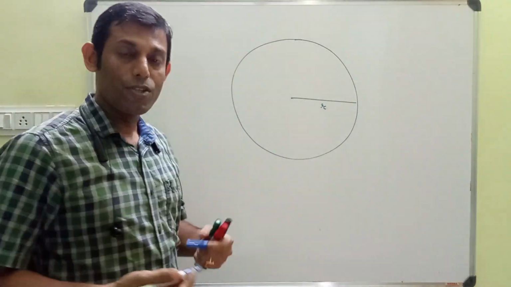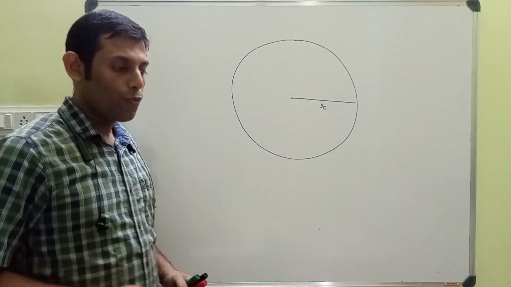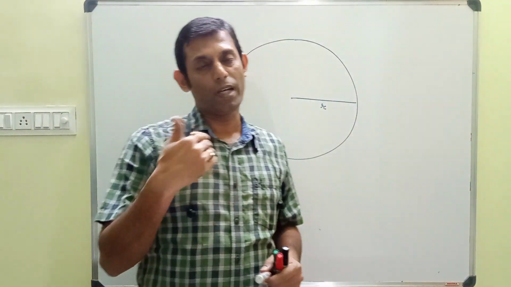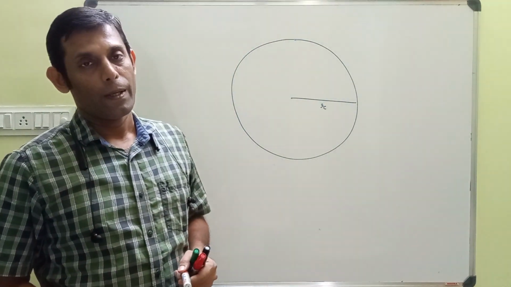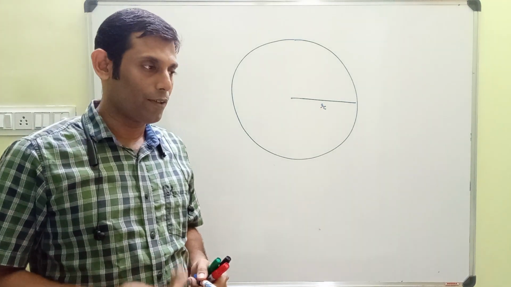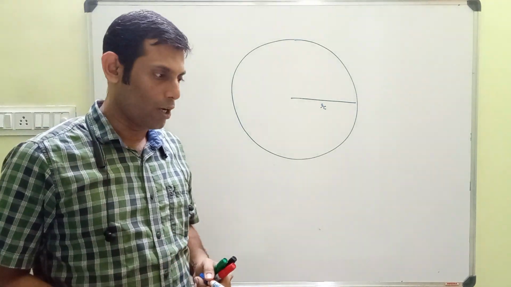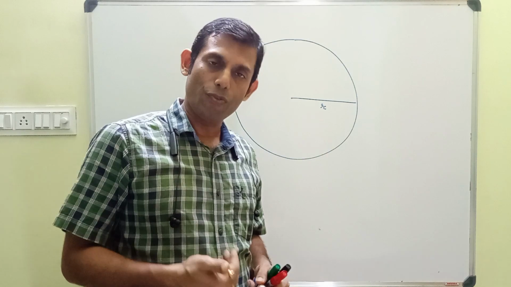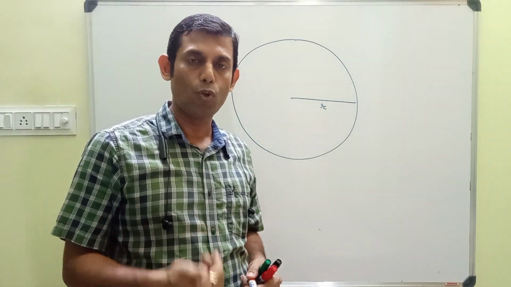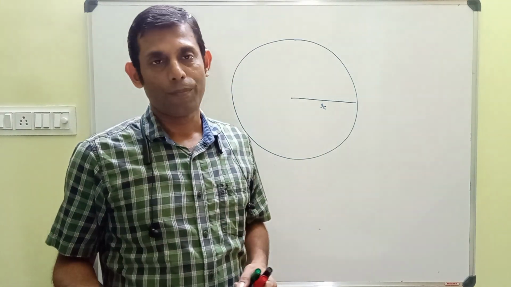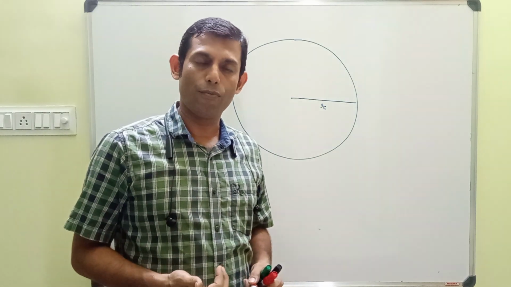And why exactly did he say so? It's because we know that the circumference of a circle is 2 pi r. And what exactly is pi? We may not be knowing that right now, but if you can recollect its value, it is 3.142857 bar. I mean, it's roughly 3.14.